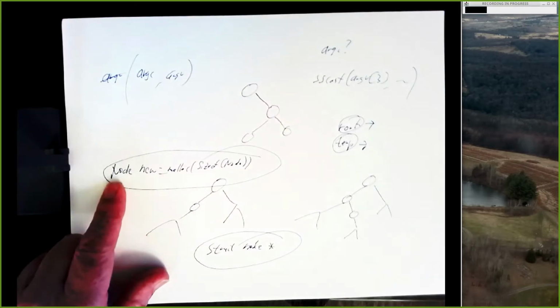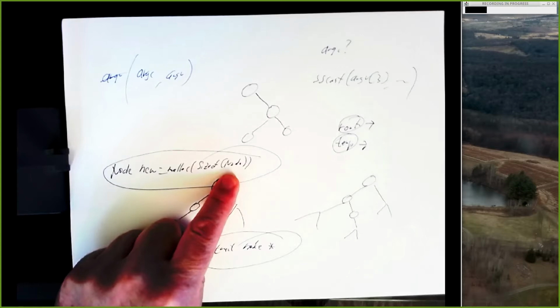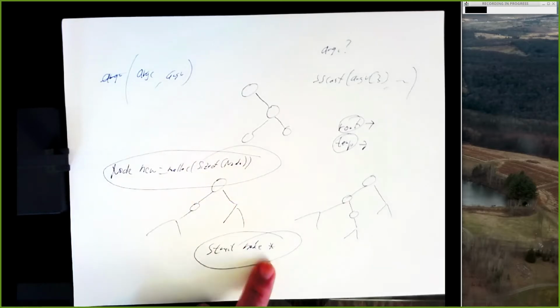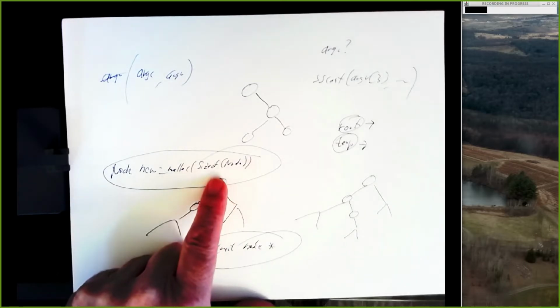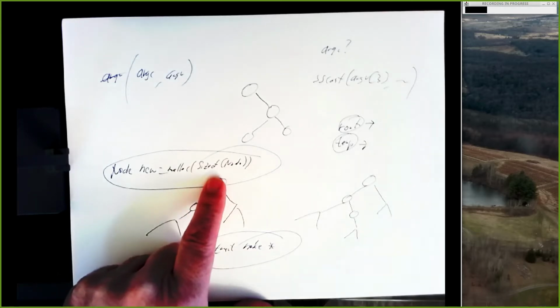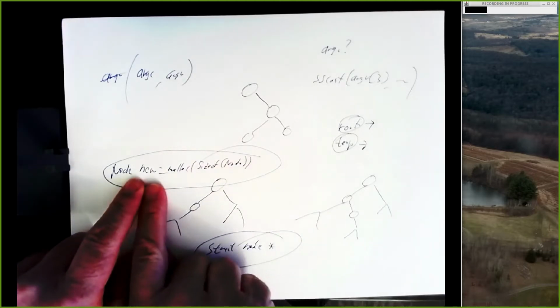New is a pointer to a struct node. But in the sizeof argument, that does not make sense because sizeof node is the size of a pointer. That's 8 bytes. And your node might have 100 characters worth of stuff in it, and a left child and a right child, and you're only allocating 8 bytes for it. And so what happens when you start trying to stuff in a first name and a last name and a plate and all this other stuff? Well, it just steps on whatever memory happens to be stored after this node.